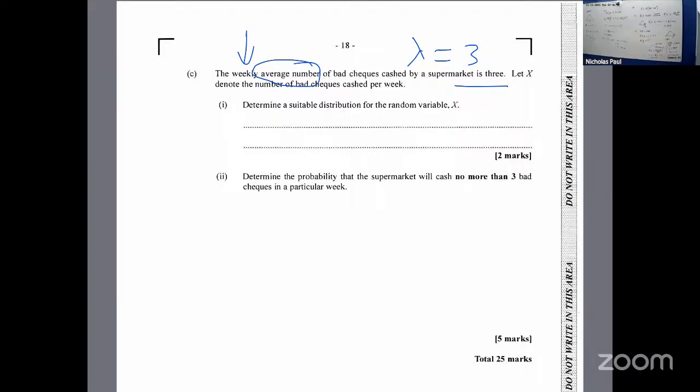Okay, so a suitable distribution: X follows a Poisson with lambda 3. Determine the probability that a supermarket will cash no more than 3. So the probability of X being less than or equal to 3. No more than 3, right? Less than or equal to 3.